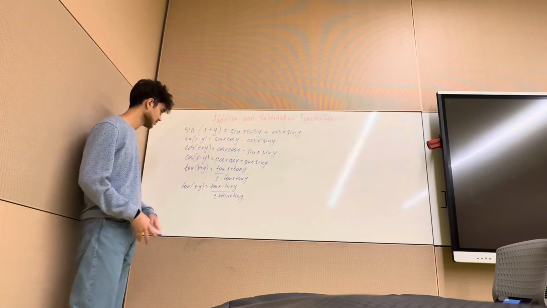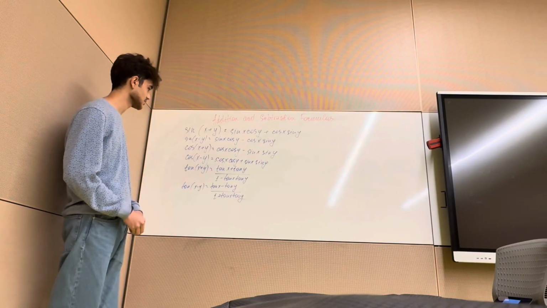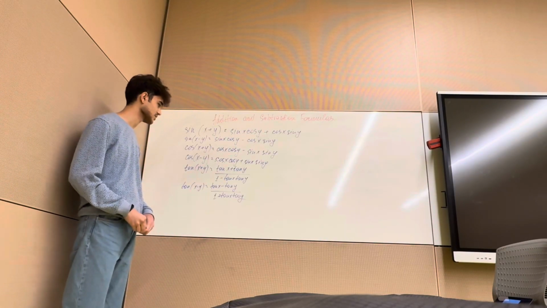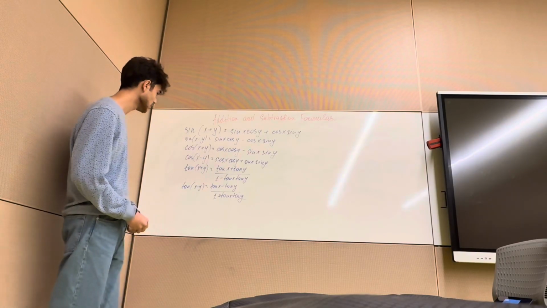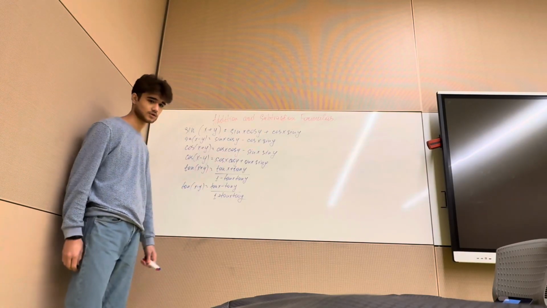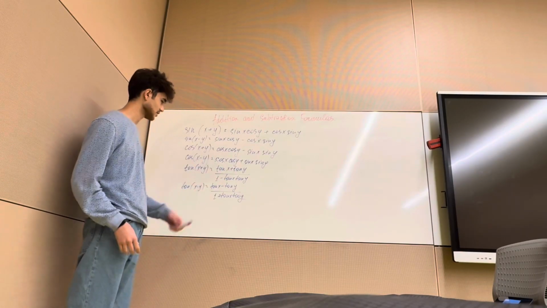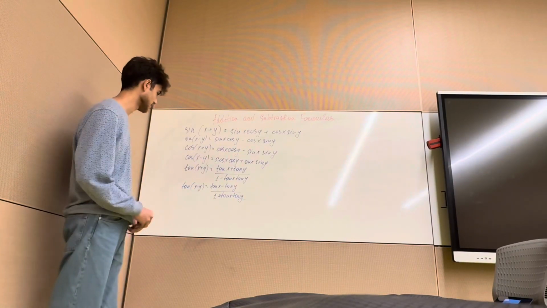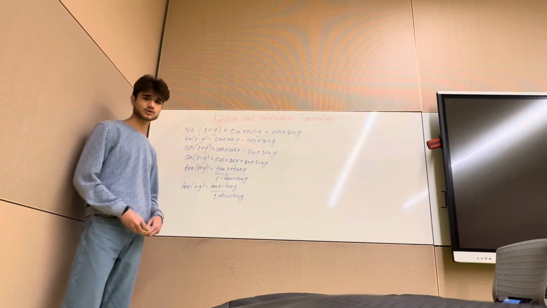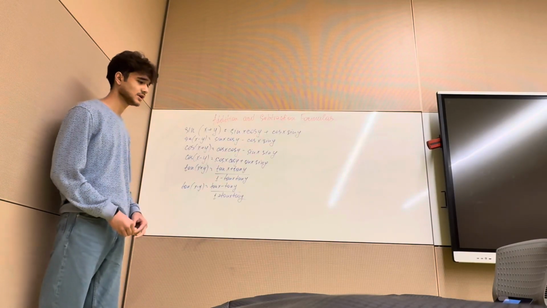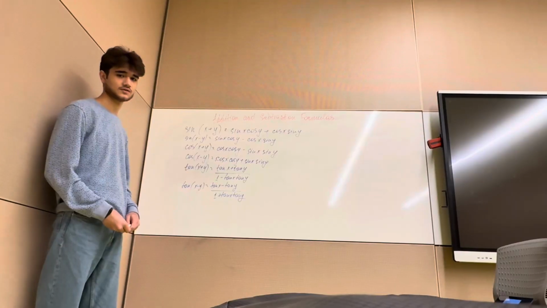As you see, tangent of x plus y is tangent x plus tangent y over 1 minus tangent x tangent y, while the subtraction formula is essentially the same, but the plus and minus signs are reversed. So in order to better understand these formulas, we will also see some examples.